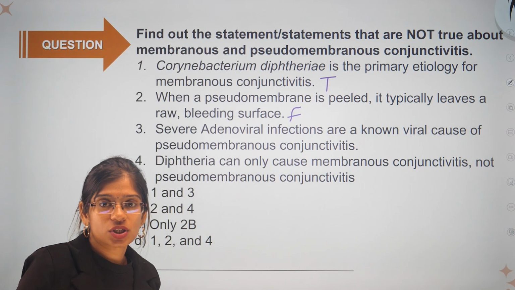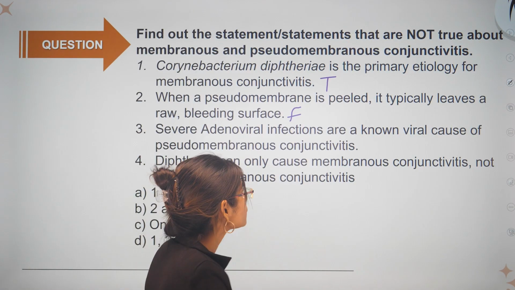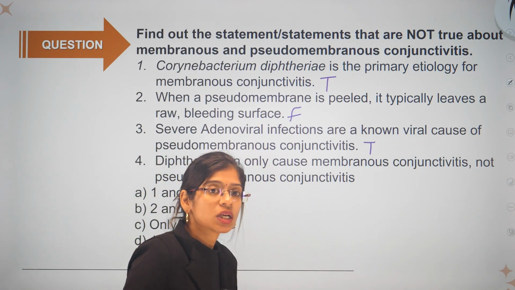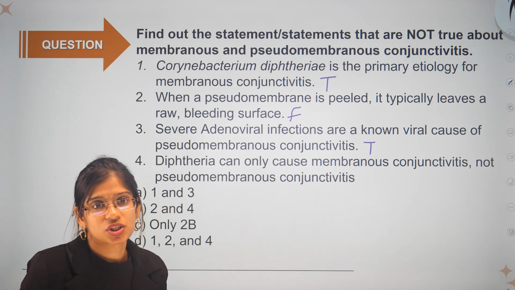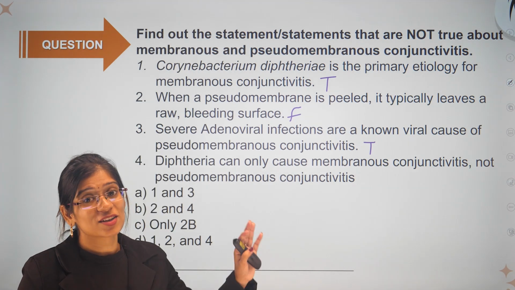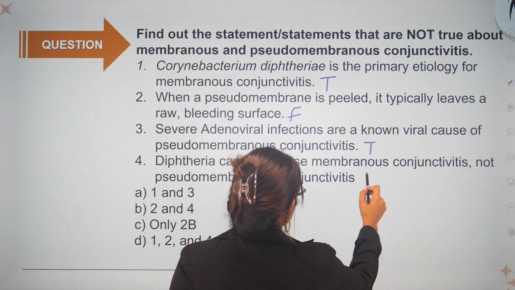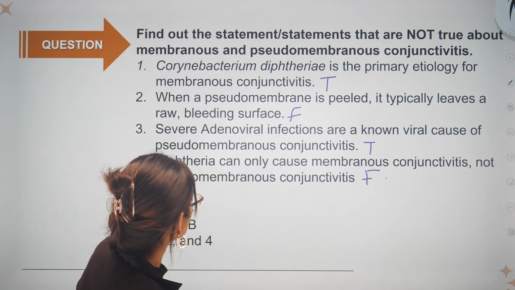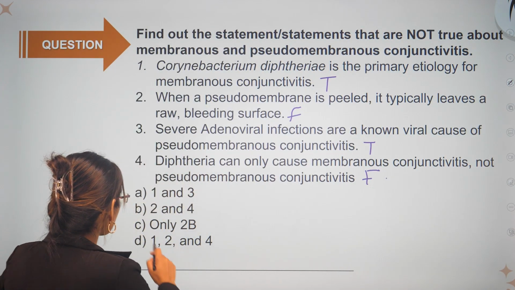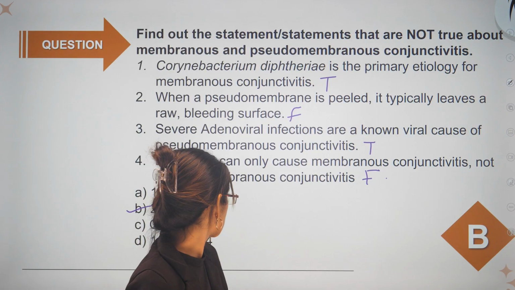Severe adenoviral infections are a known viral cause of pseudomembranous conjunctivitis. That is true. Diphtheria can only cause membranous conjunctivitis, not pseudomembranous conjunctivitis? No, that is wrong. Diphtheria can cause both. So this is false. The false statements are 2 and 4.